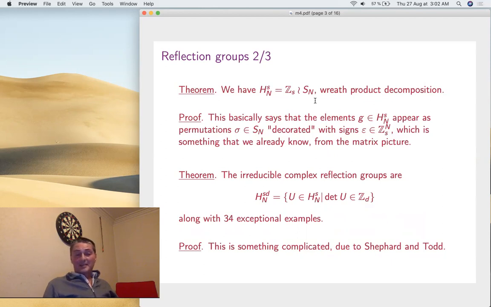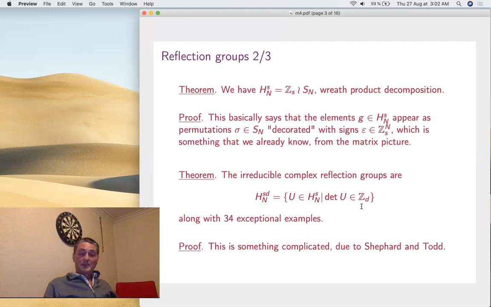Now, another thing, which is deep, really complicated, is that the complex reflection groups, which are irreducible in a certain technical sense, are exactly these guys with one more parameter added, coming from the fact that the determinants should have to the power d equal to 1. Z_d, I remind you, is the roots of unity of order d.